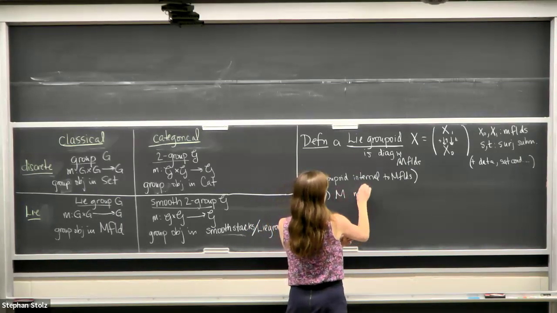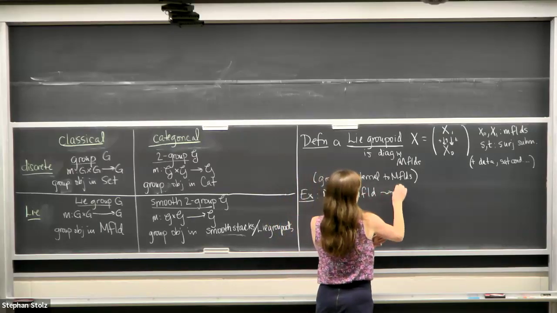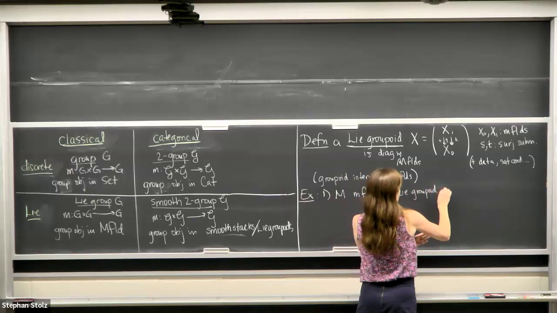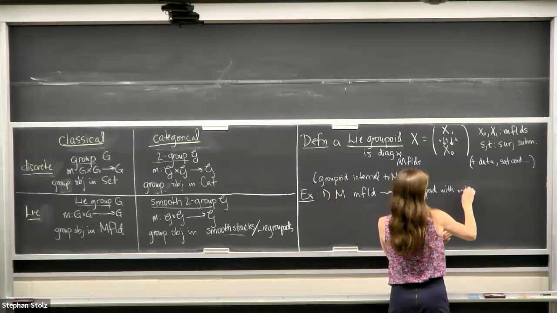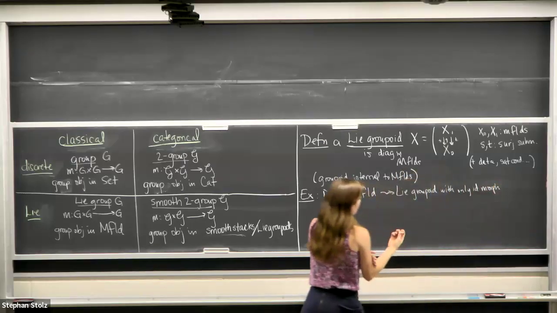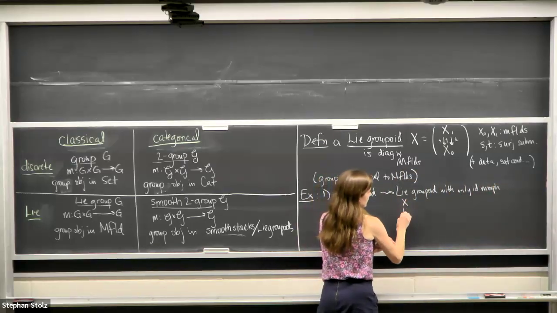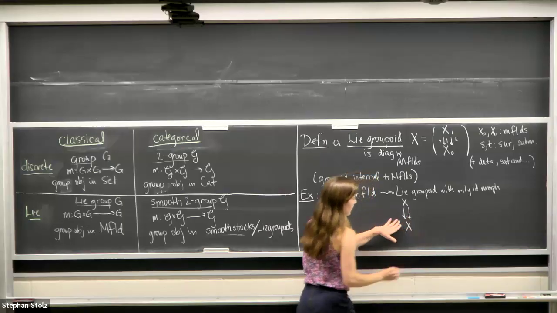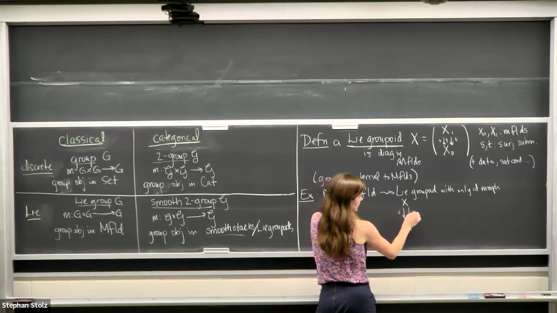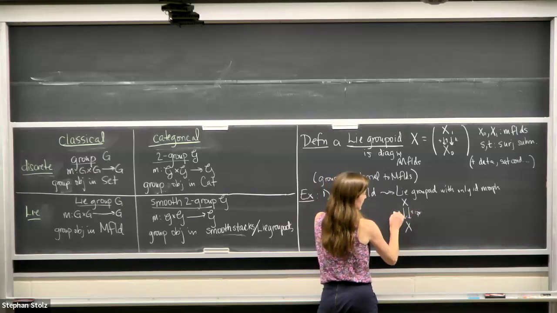So if M is a manifold, this is a Lie groupoid. What does this mean in this case? I would have X as my objects and X as my morphisms, but the source and the target are just the projection down to X.